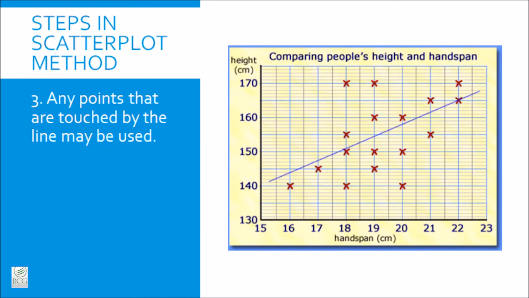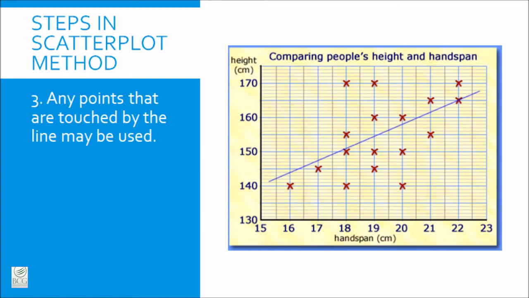Because in the scatterplot we have a procedure similar to the high-low method, y equals a plus bx, and we get the slope and the total fixed cost, and we'll also get the total cost. So it is relatively the same procedure, but the difference between the high-low method and the scatterplot method is the data points that are used in calculating the slope and the total fixed cost.